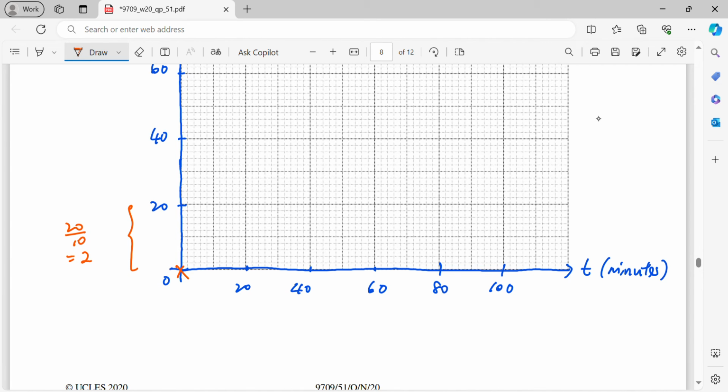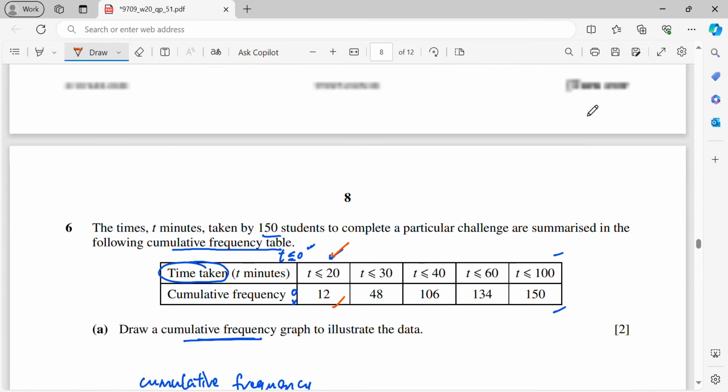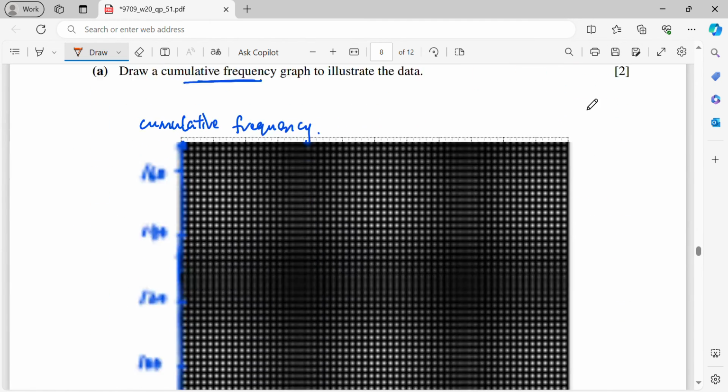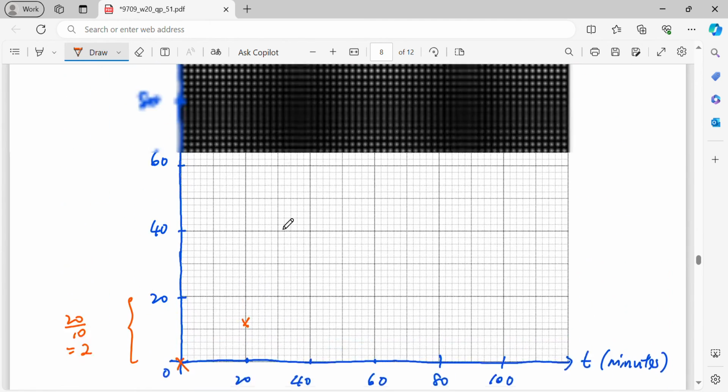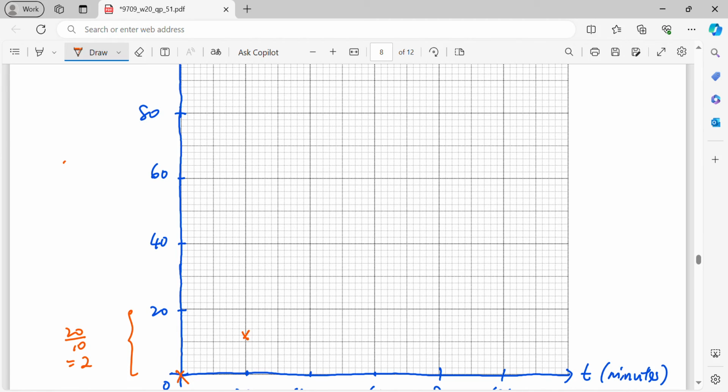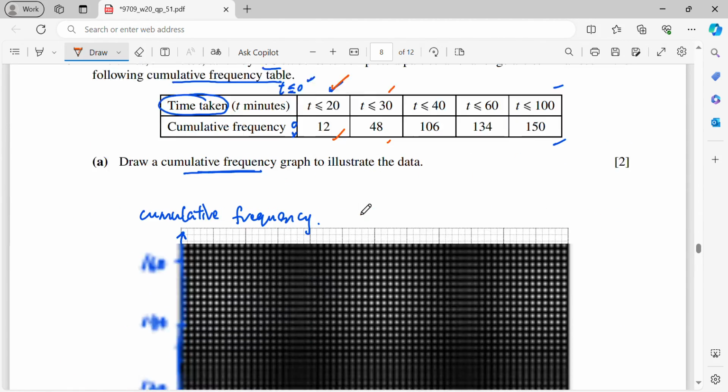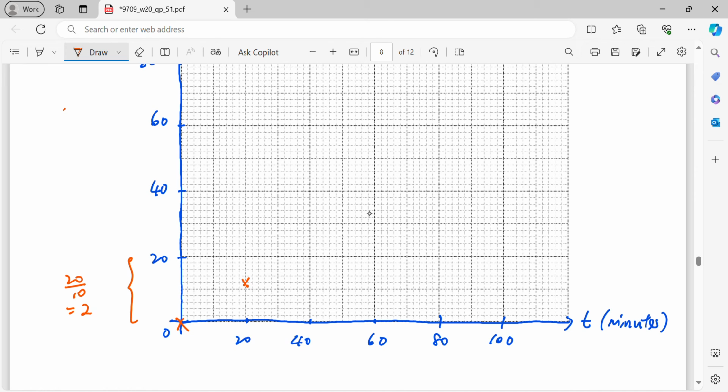So now 20, 12. 12 is at square number 6. Then 30, 48. So 30 in the middle, 48 is here.